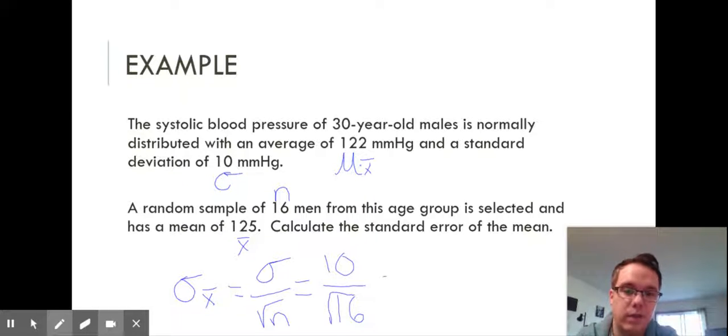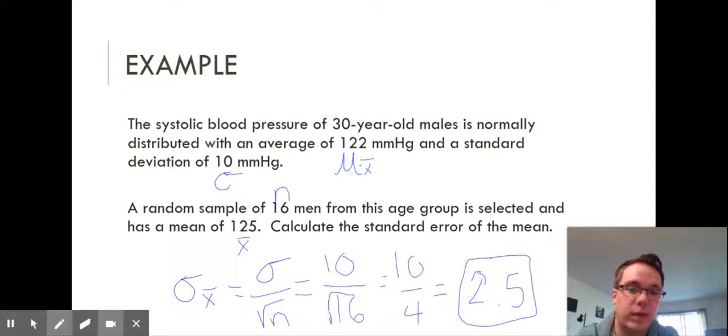The square root of 16 is 4, and 10 divided by 4 is 2.5. Obviously, it's not going to work out to a nice number quite as often. Feel free to go to 2 decimal points if you need to. But in this case, our standard error is going to be 2.5.